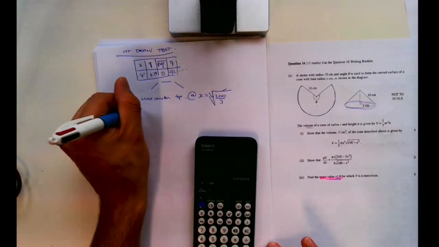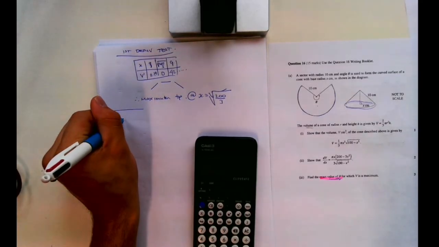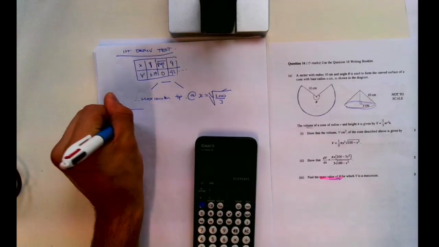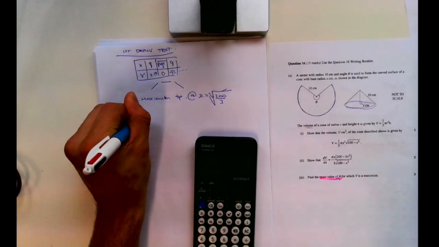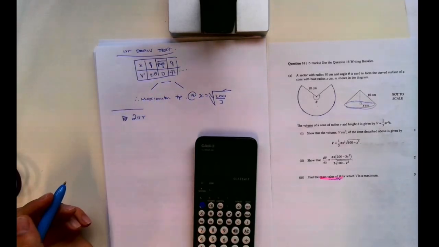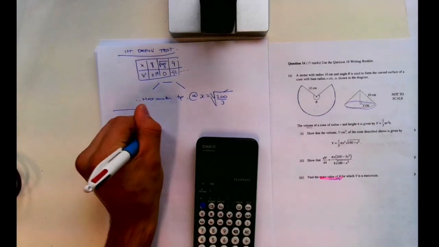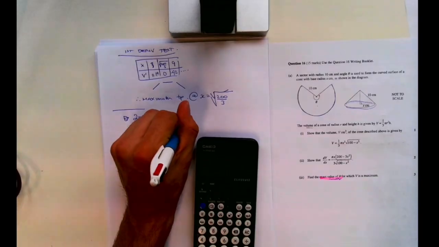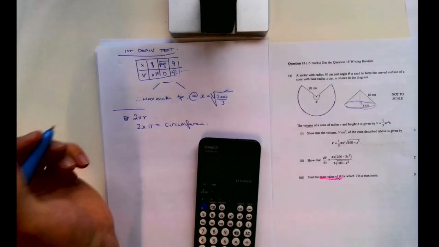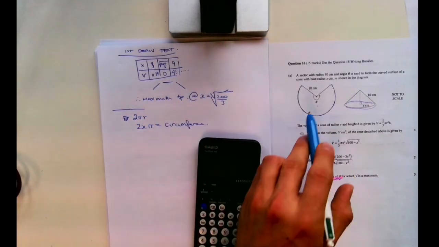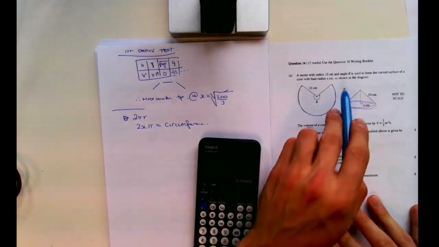So in general, the circumference of a circle is equal to 2 pi r, so the diameter times pi, which is going to be 2x pi. So this is the circumference. Now this circumference is equal to this arc length, right?